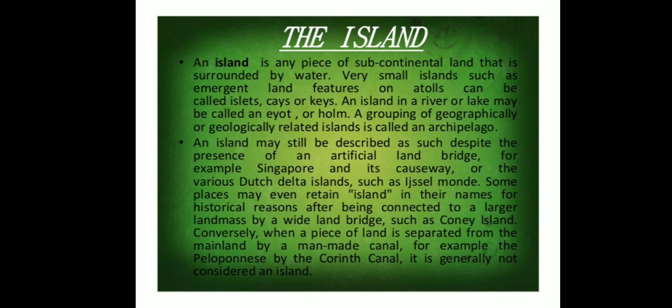Some places may even retain island in their names for historical reasons after being connected to a larger landmass by a wide land bridge, such as Coney Island. Conversely, when a piece of land is separated from the mainland by a man-made canal, for example, the land separated by the Corinth Canal, it is generally not considered an island.